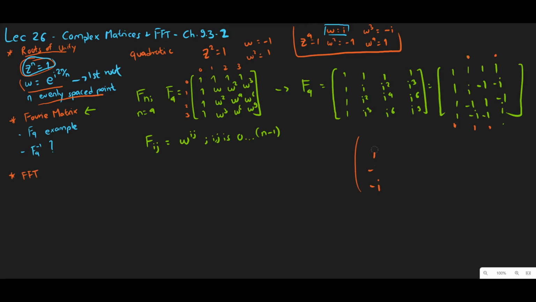So using this fact, we can immediately find also the F4 inverse. Why? Because we know that each column is perpendicular to each other. So we can make them orthonormal by dividing all of these components by the length, and the length is the square root of 4, which is 2. Let me just put the one half there, and let's rewrite the matrix as it is.